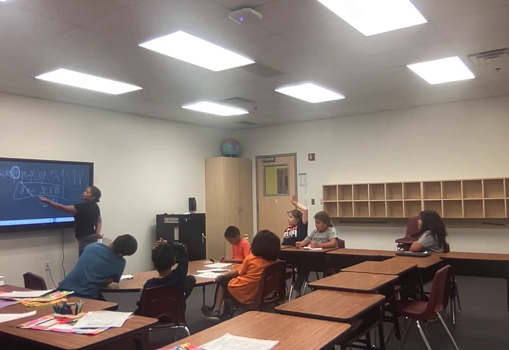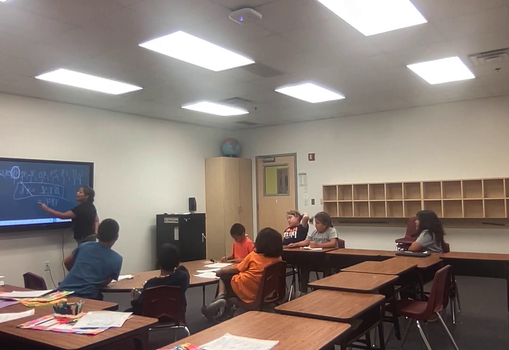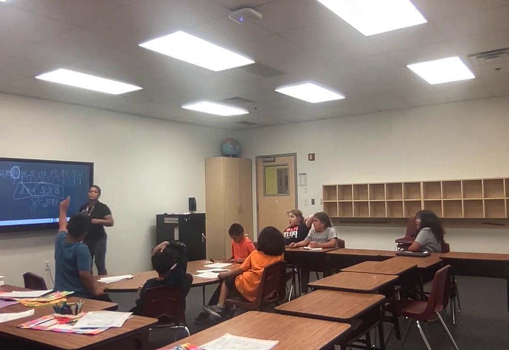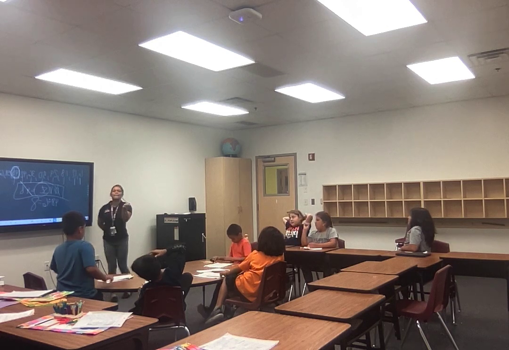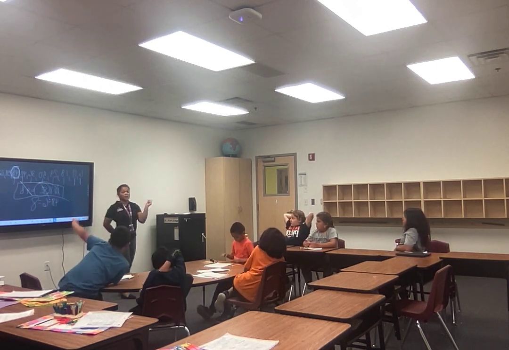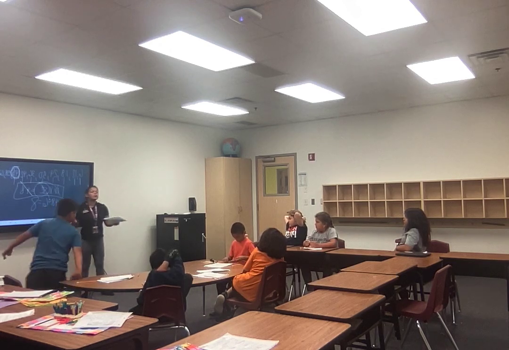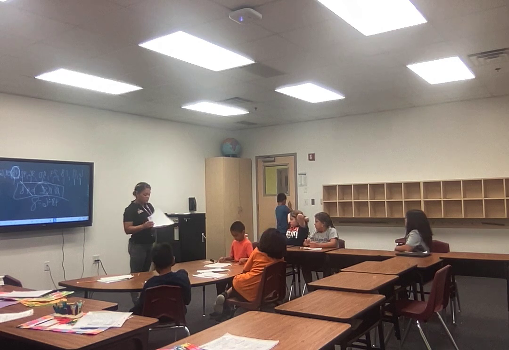You guys, what is 48 divided by 6? 8. How do you know it's 8? Because what? It's right there. It's the only number left, right? That we haven't crossed off. Okay? Yes, correct. That's the only number there that we have not crossed off, right? Cool beans. You guys did awesome at that.